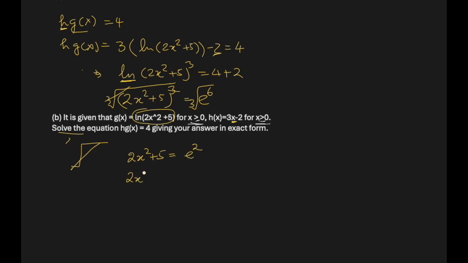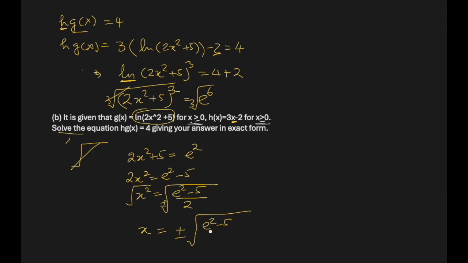So 2x square equal to e square minus 5, x square equal to e square minus 5 over 2. And if I take the square root, we write plus and minus both. X is equal to plus or minus the square root of e square minus 5 over 2.